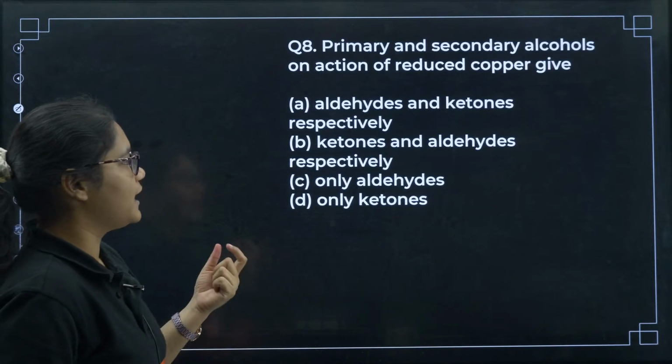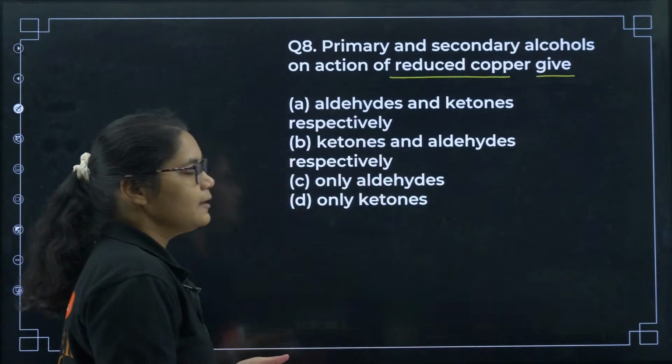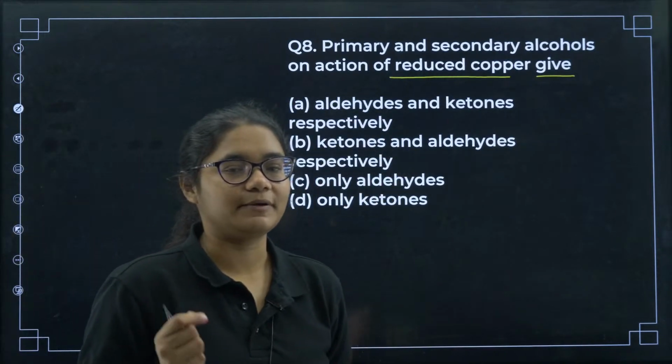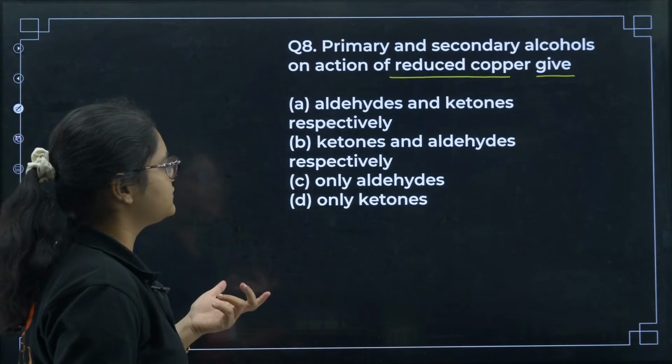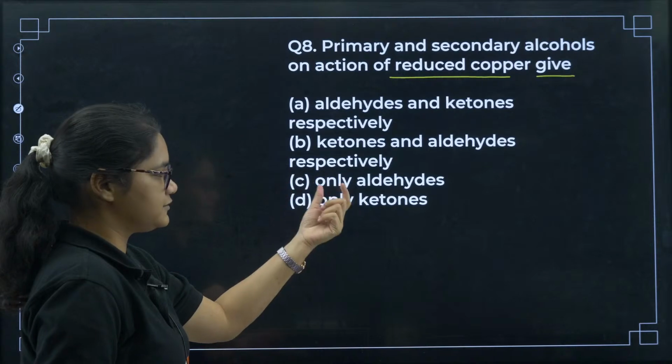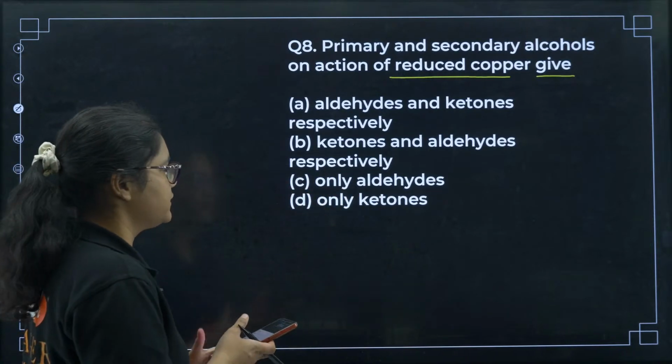Primary and secondary alcohols on action of reduced copper will give you, if they are undergoing reduction in presence of copper, what will be the product? Aldehydes and ketones respectively, ketones and aldehydes respectively, only aldehydes, or only ketones? Very easy question.